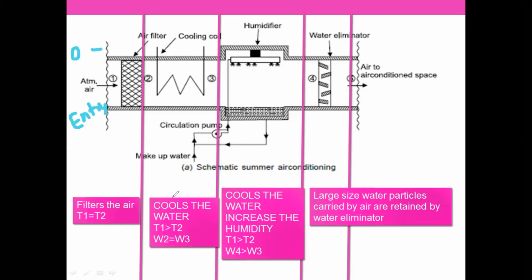Then 2 to 3 we have the cooling coil. Next we have the humidifier. Next we have the water regulator. And next we have the air supply to the air conditioning space. We have to supply our air into the air conditioning space.